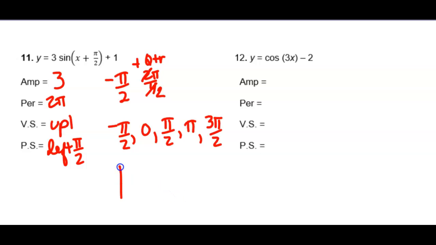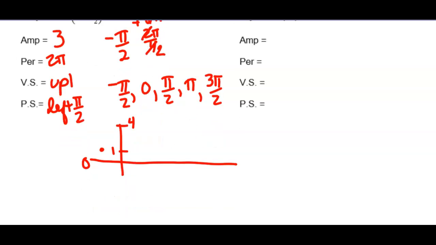All right, if you were graphing it, if this is 0, it starts up 1. It's a sine. It shifted to the left. The next quarter point, let's see, amplitude of 3 above there would be 4. 3 below there would be negative 2.